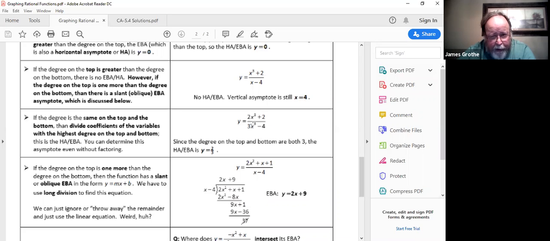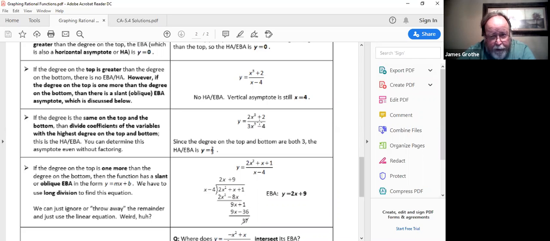And we'll have 2x cubed over 3x cubed. And when the x cubes cancel, all we're left with is 2/3. Okay? As it says over here, the degree is the same on top and the bottom. Divide the coefficients of the variables with the highest degree on top and bottom.